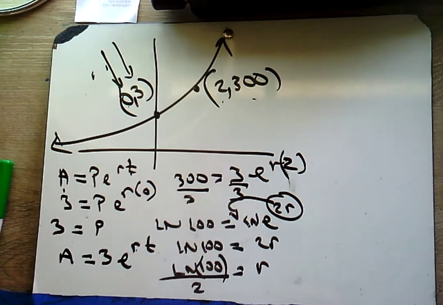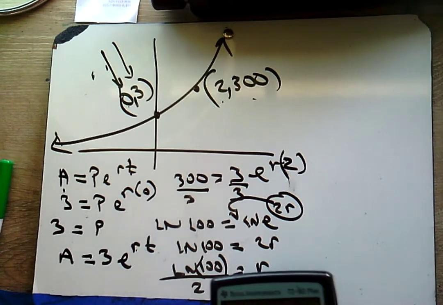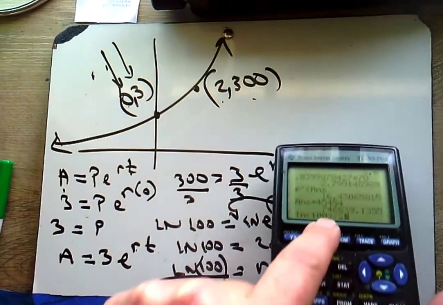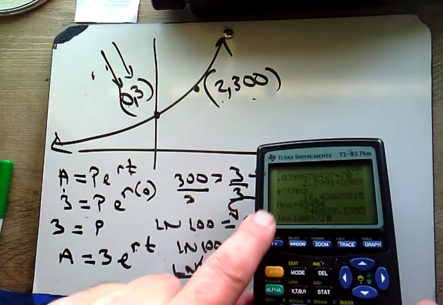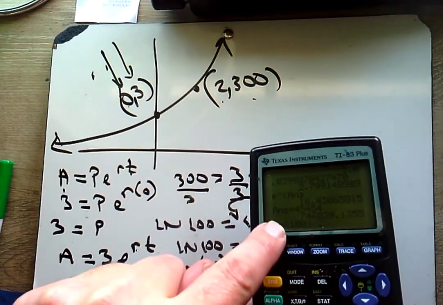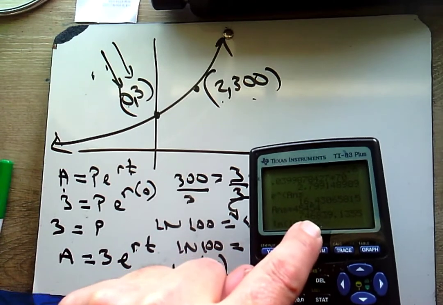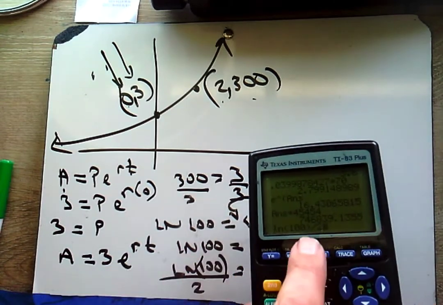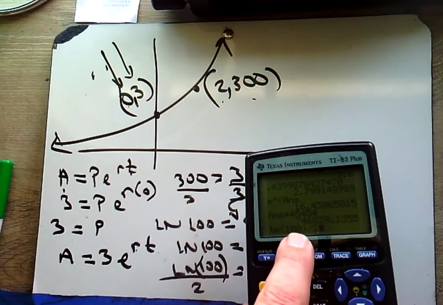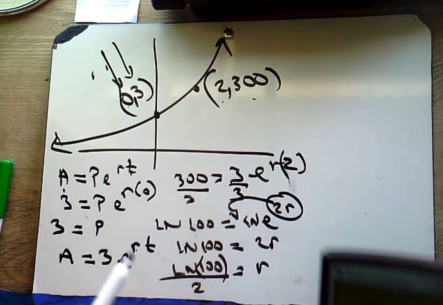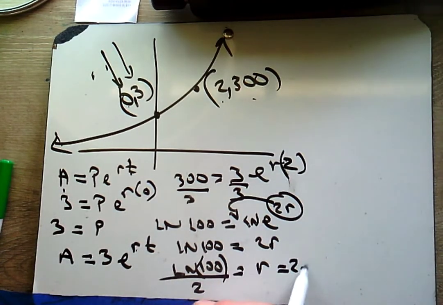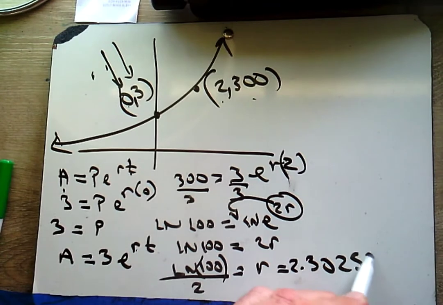On my calculator, I type ln 100 divided by 2. Don't forget to close the parenthesis on the ln. If you just type ln, it opens the parenthesis, and typing 100 over 2 isn't going to work. You have to close the ln parenthesis before you divide. And so I end up with 2.302585095 as our r value.